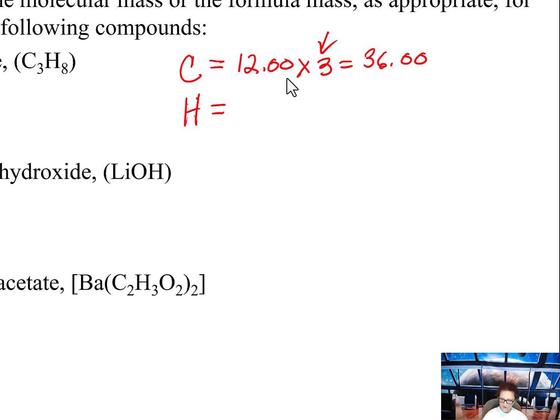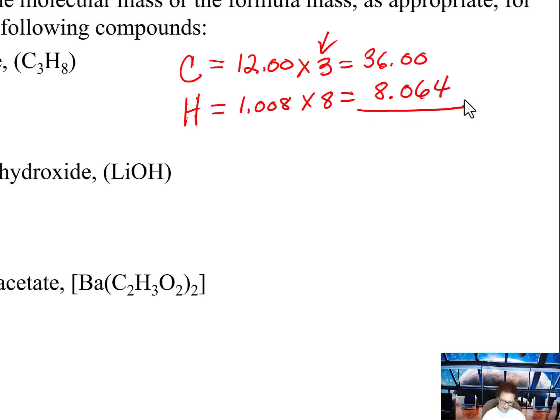And then your hydrogen, which is 1.008 times 8, is 8.064.